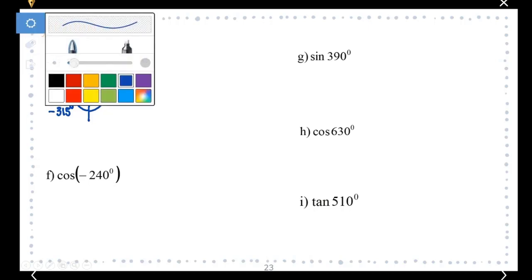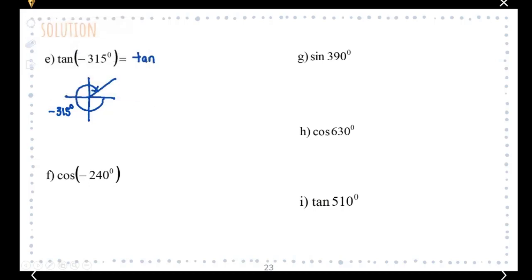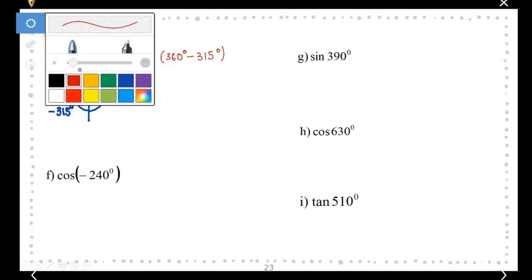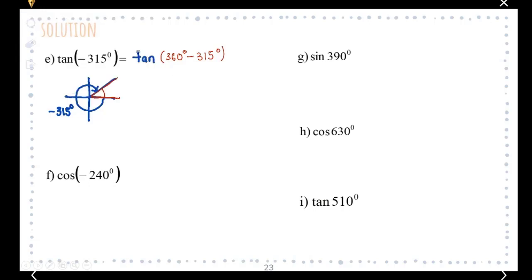Next we're going to find the reference angle. The reference angle is the angle made from your x-axis to your terminal side, which is acute. To find this angle, we take 360 degrees minus 315 degrees, which gives us tangent 45.